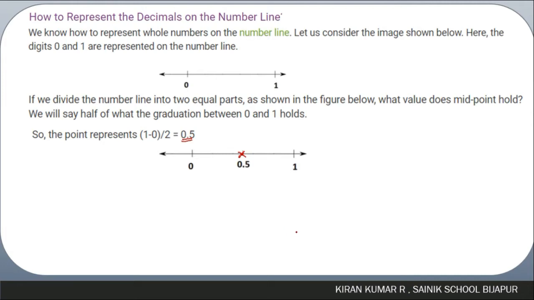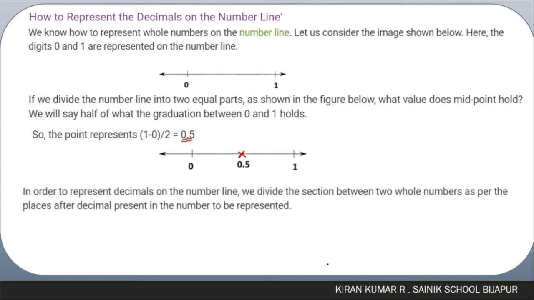In order to represent decimals on the number line, we divide the section between two whole numbers as per the places after the decimal present in the number to be represented.